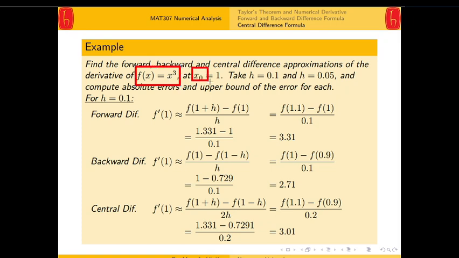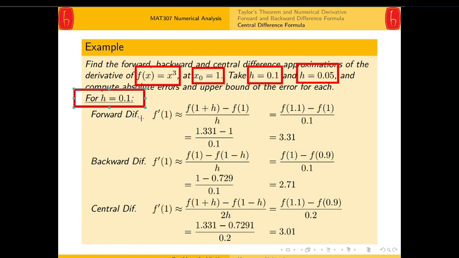And we are taking the derivative, we will find the numerical derivatives at x naught equals 1, and we take h is equal to 0.1 and h is equal to 0.05. Okay, so we have two h values, and we compare the absolute errors and upper bounds of errors for each h value. Let's first start with h is equal to 0.1.